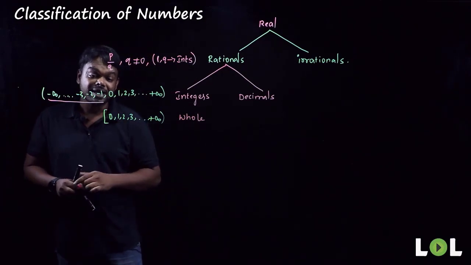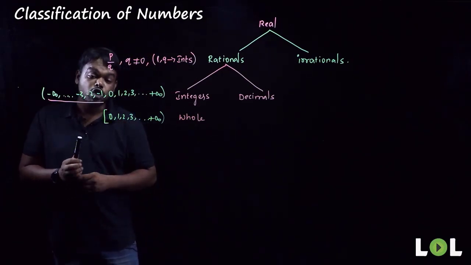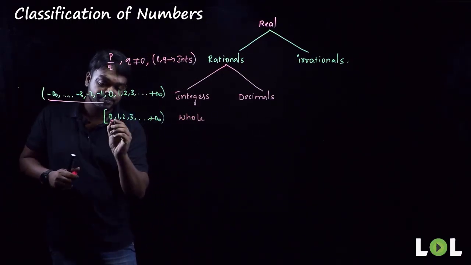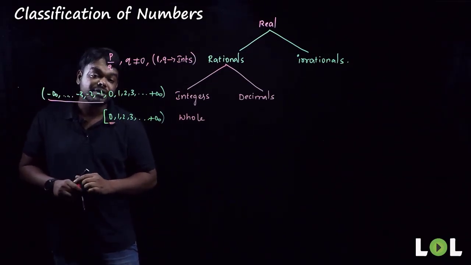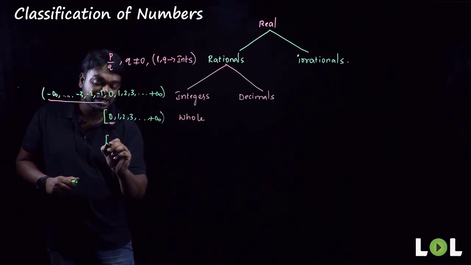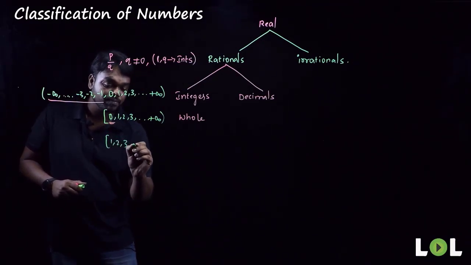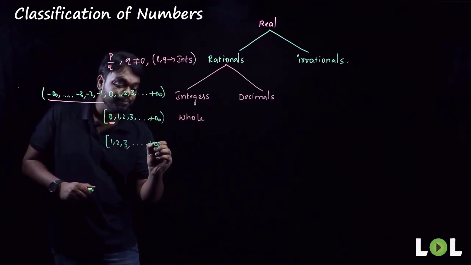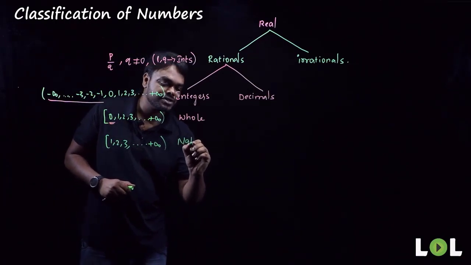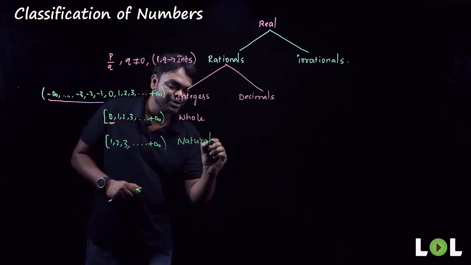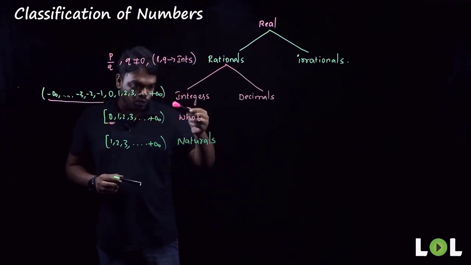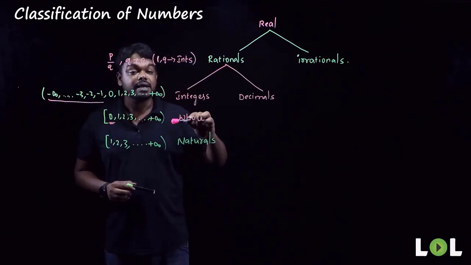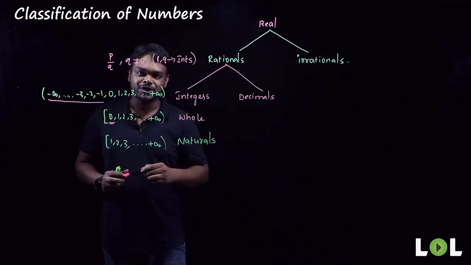Now again, if I eliminate 0 from the whole numbers, I'll be left with only the positive integers. We call them natural numbers. So basically, natural numbers are a subset of whole numbers, which in turn are a subset of integers.